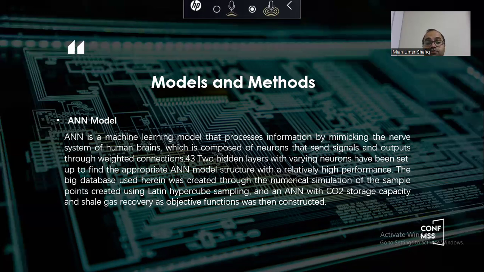The big database used herein was created through the numerical simulation of the sample points created using Latin hypercube sampling, and ANN models with CO2 storage capacity and shale gas recovery as objective functions were then constructed.